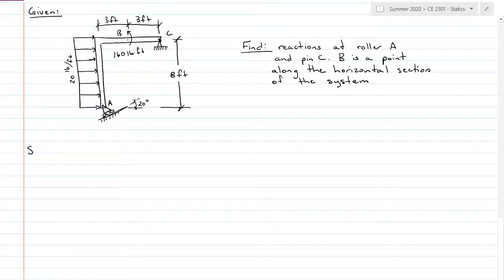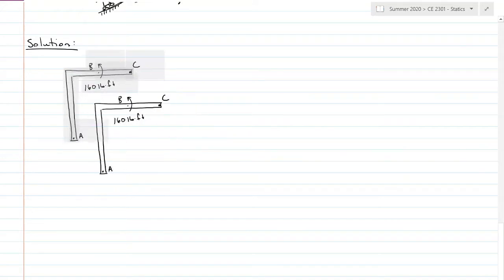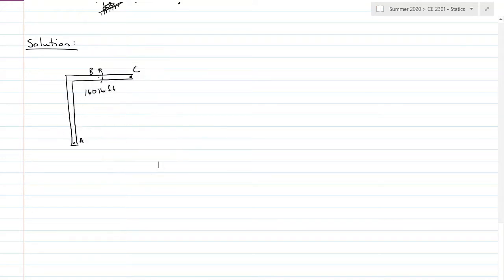Our solution is going to start with the free body diagram. So I'm going to draw the entire bent member here. And starting with my reactions, I have a pin at C, which means I have CY and CX.